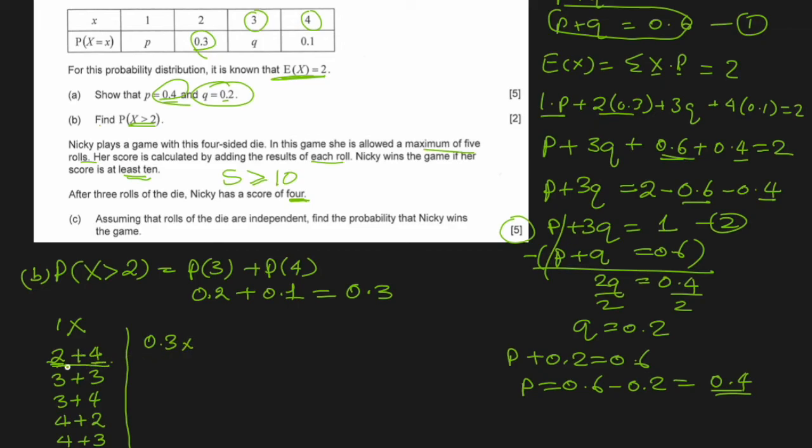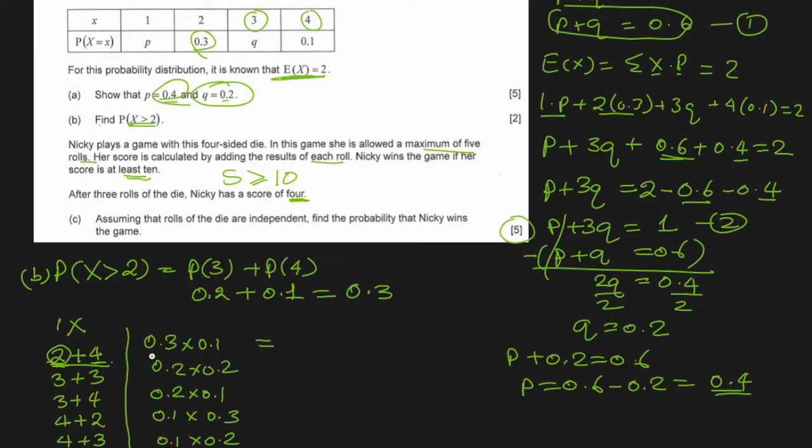The score is 6, but it is happening 2 first and 4 later. Whenever we have and, we multiply. 4 is 0.1. Then 3 and 3, 0.2 and 0.2. 3 and 4, 0.2 and 0.1. 4 and 2, 0.1 and 0.3. 4 and 3, 0.1 and 0.2. 4 and 4, 0.1 and 0.1.